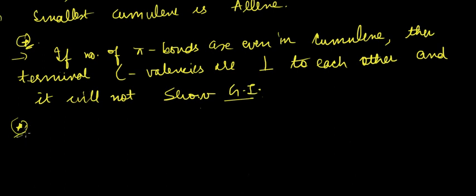We'll look into this explanation in the next lecture as well, but let me write down all the points that I need to explain in the next lecture. Okay, and if the number of pi bonds is odd in cumulene, then the terminal carbon valencies lie in the same plane, and it can show geometrical isomerism.